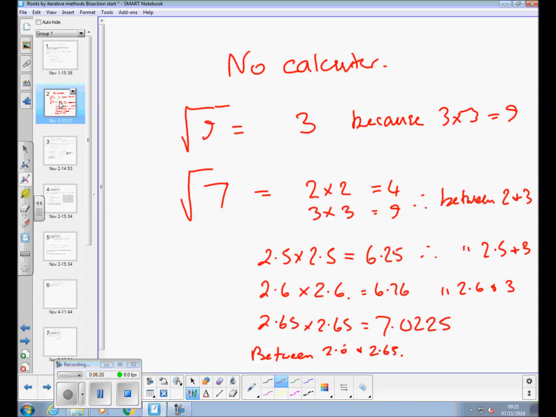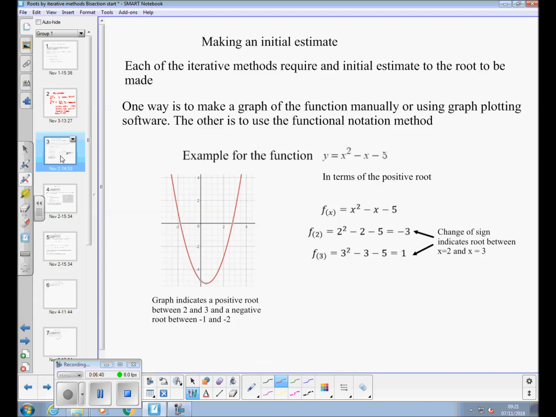The bisection method is formalising that process into a definite process that you can, once you realise how it works, do very easily with a spreadsheet. Okay? And you can see that because it's iterative, you can quite easily write a programmed function if you know how to do that in a particular software to go through that process. You do an iterative method, is what your calculator does.